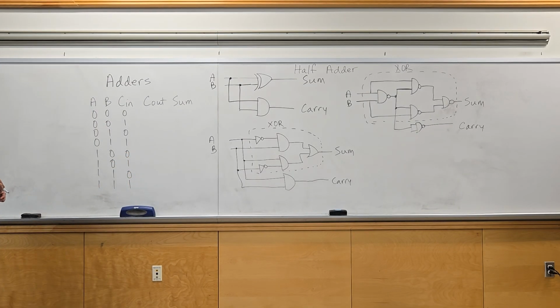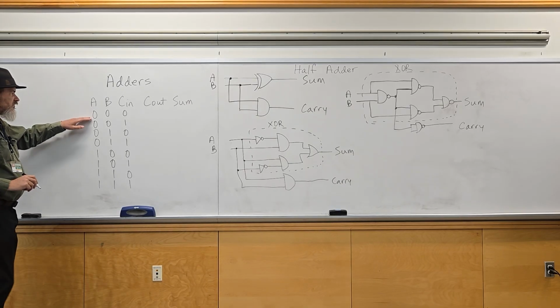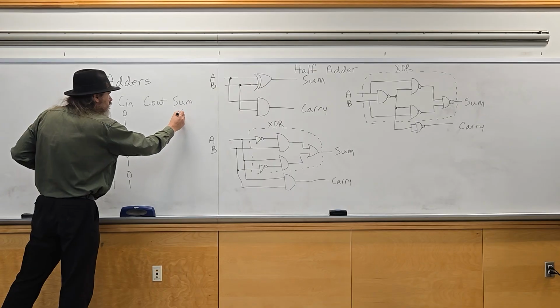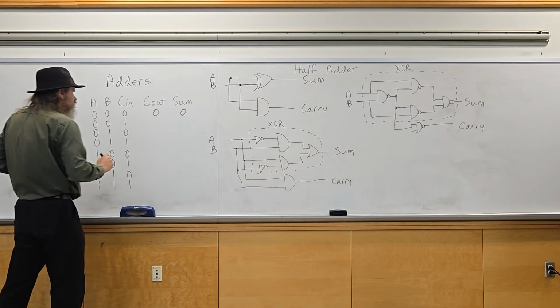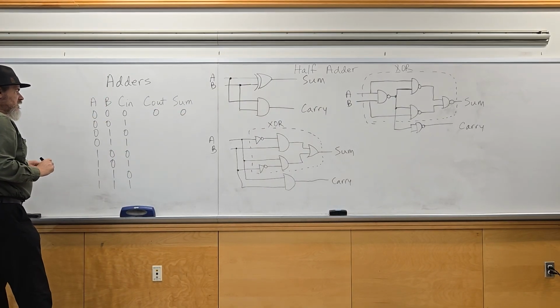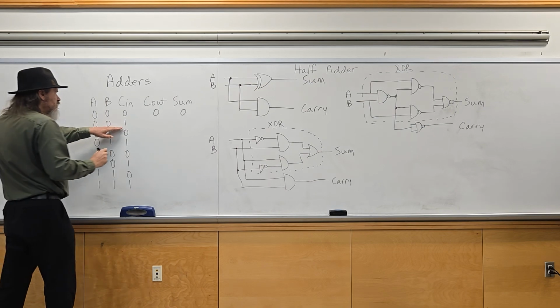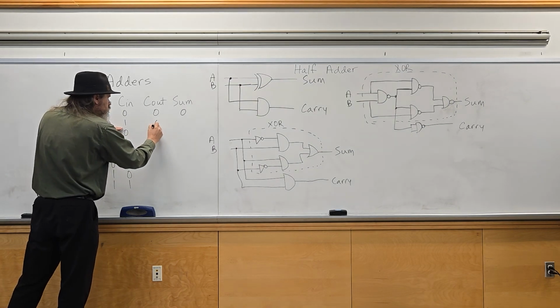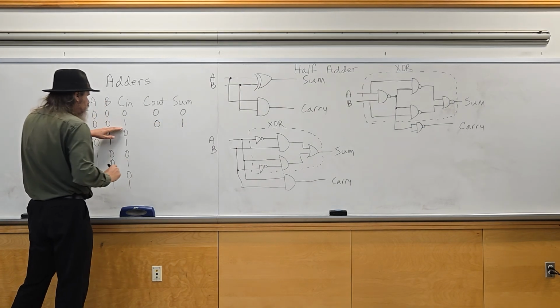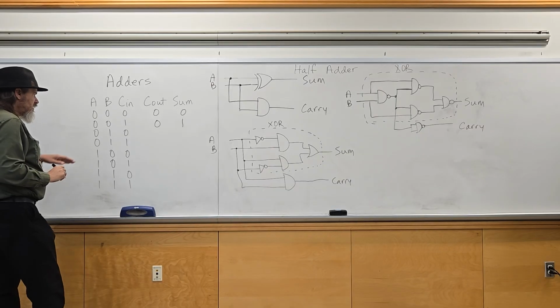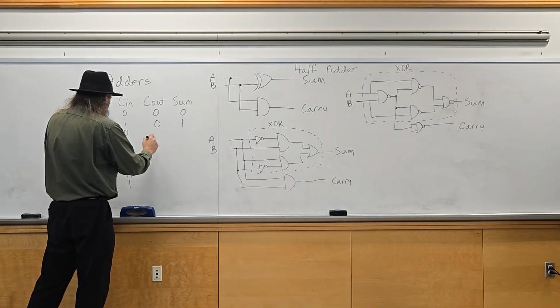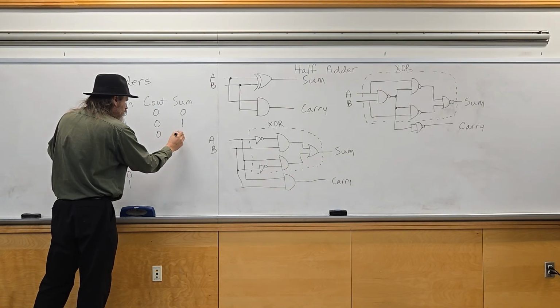So you have 0 plus 0, it'd be 0 in the sum, 0 in the carry out. 0 plus 0 plus 1 would be 0, 1. 0, 1, and 0, again 0, 1.